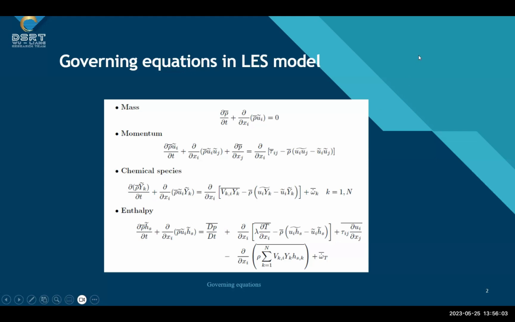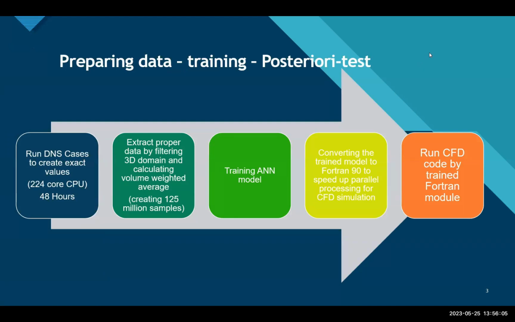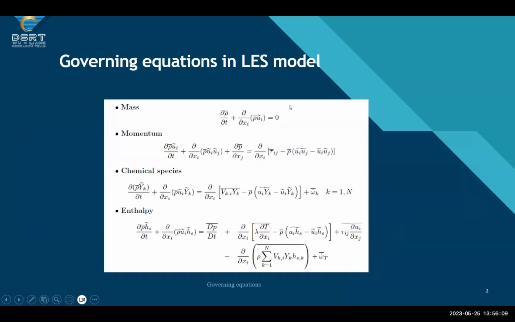Can you go back to the previous slide? Sure. Can you explain why you are using those formulas? For example, for mass, I see a partial derivative equals 0. What do they mean?